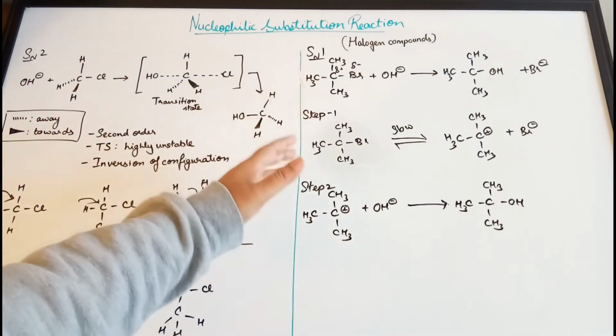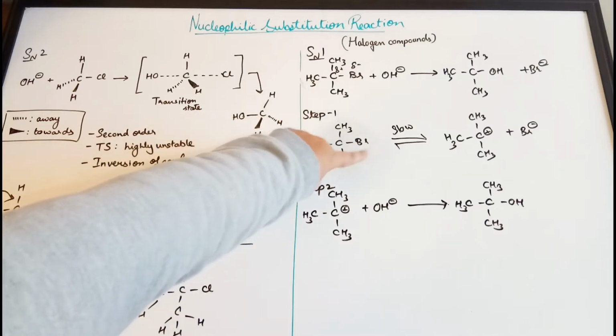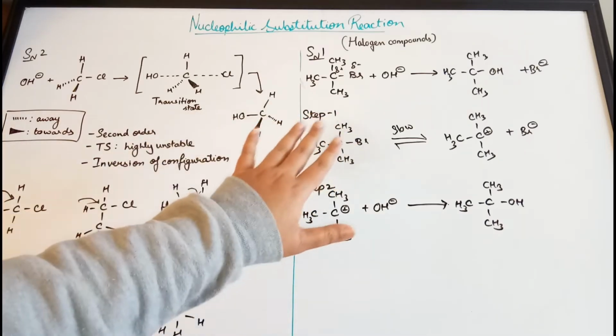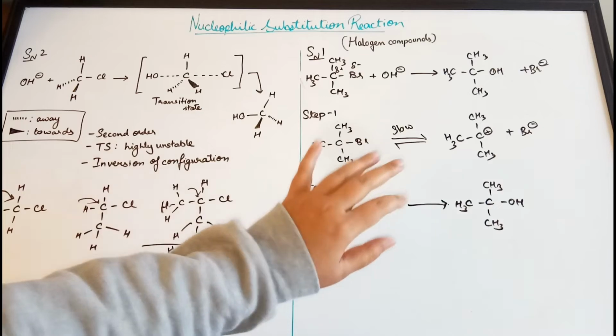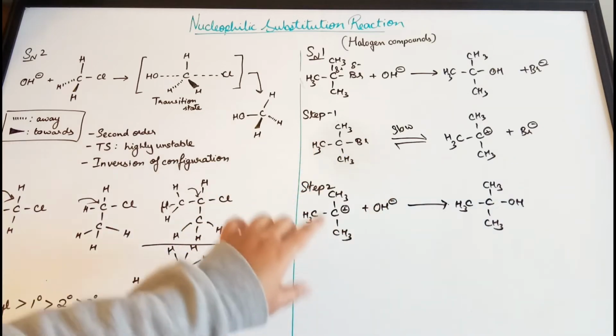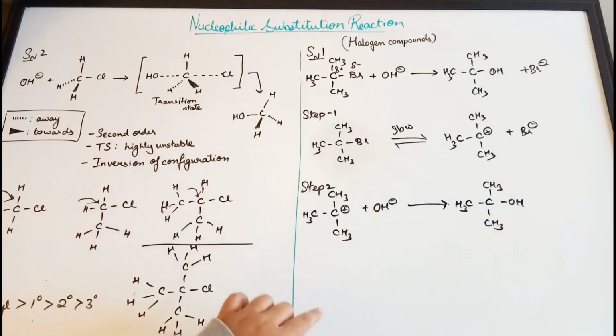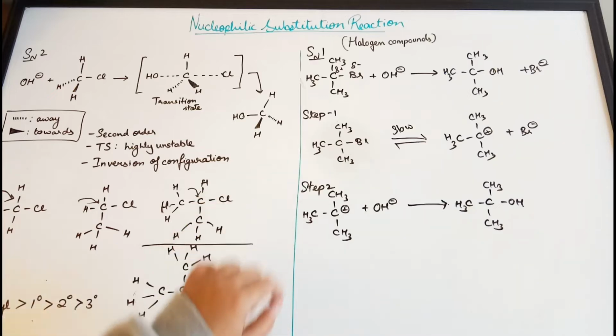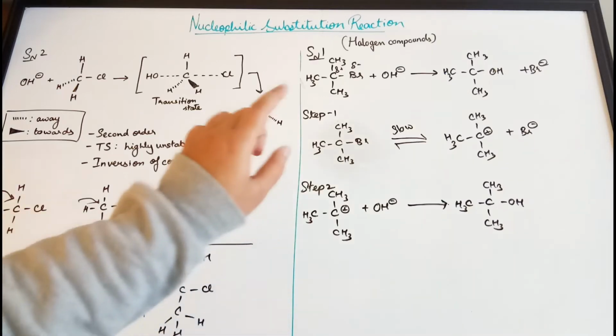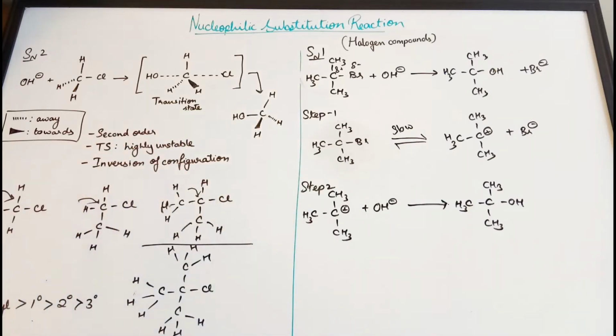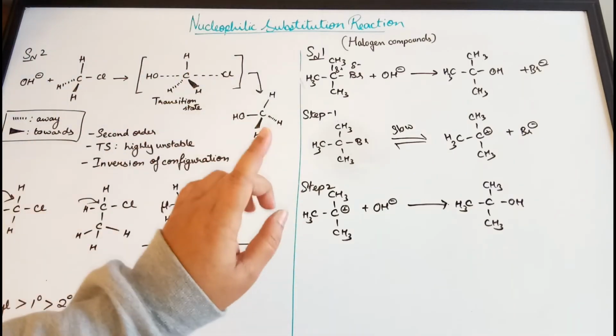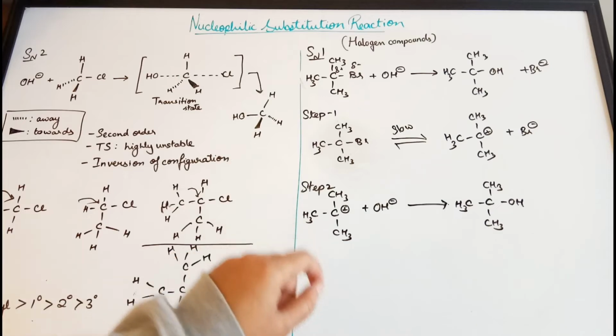So in the slow step, only the alkyl halide is undergoing a reaction. The nucleophile does not come in, and that is why this is actually a first order reaction. The rate of the reaction is dependent just on the alkyl halide, and that's why you call SN2 bimolecular nucleophilic substitution and SN1 unimolecular nucleophilic substitution reaction.